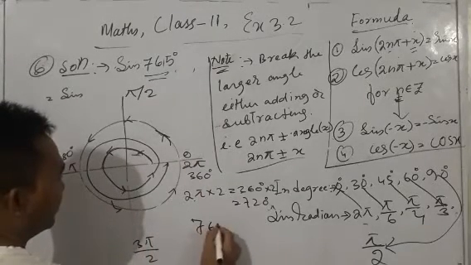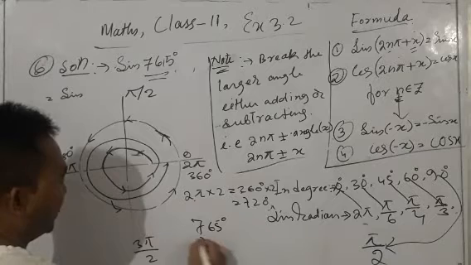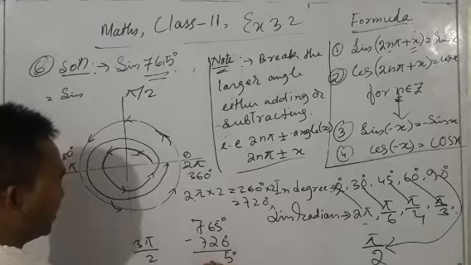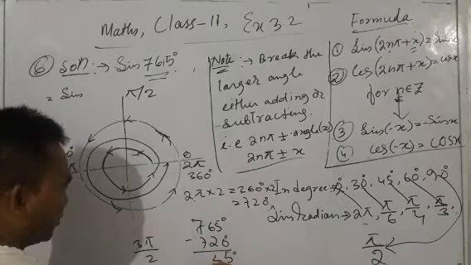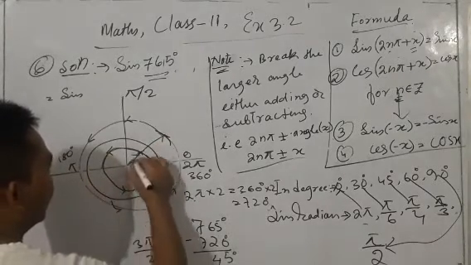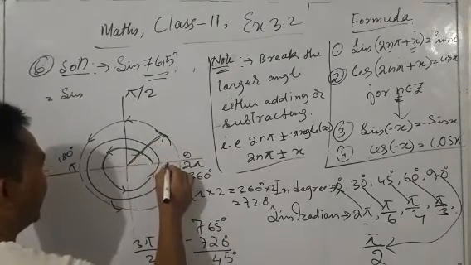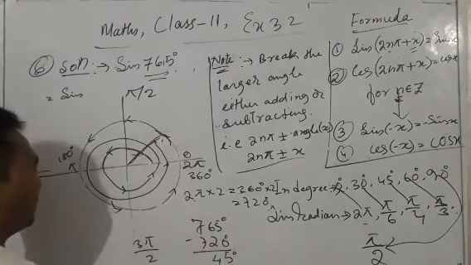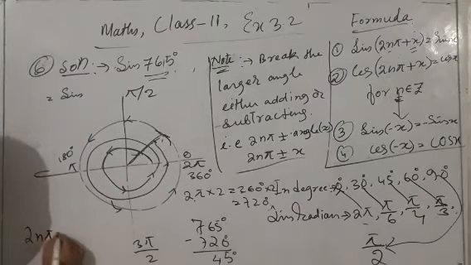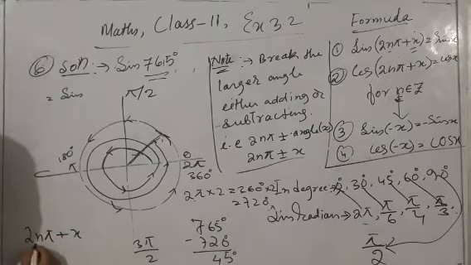765 degree minus 720 degree, so what will be the remainder? 765 minus 720 is 45. Suppose this is the angle subtended, and it will rotate up to here. That means it will be 2n pi plus x, where n is the number of rotations.